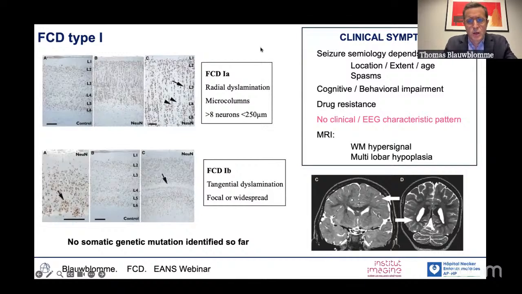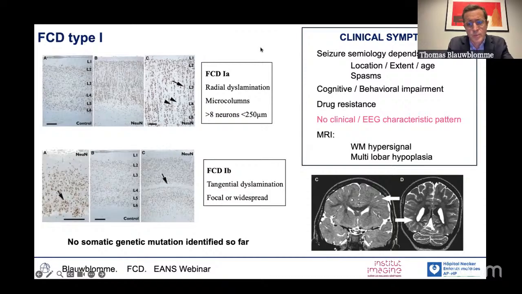How does this correlate to the clinical symptoms? Well, it's not so easy. There is not a clear-cut clinical expression of the FCD type 1. The seizure semiology will clearly depend on the age, the location, and the extent of the disease.